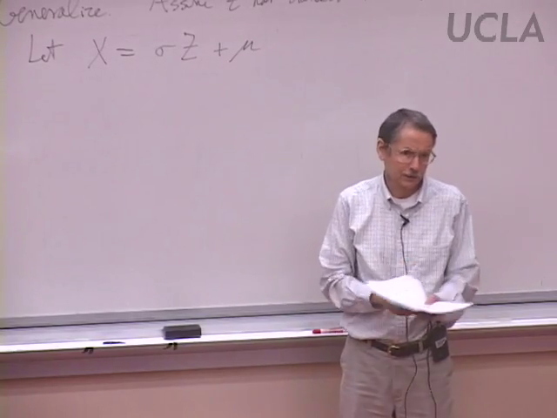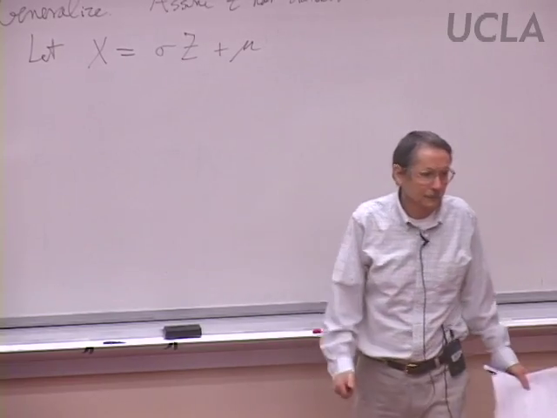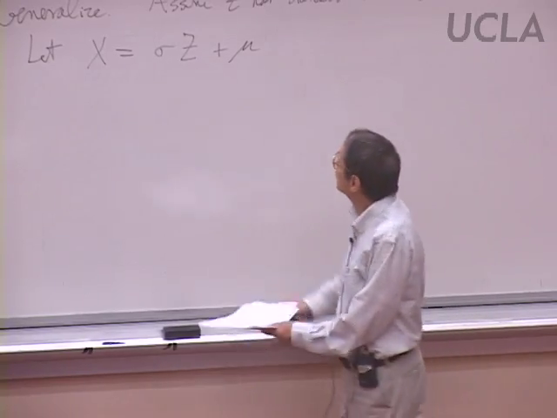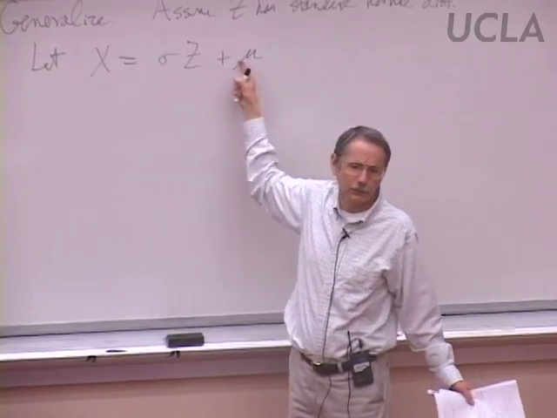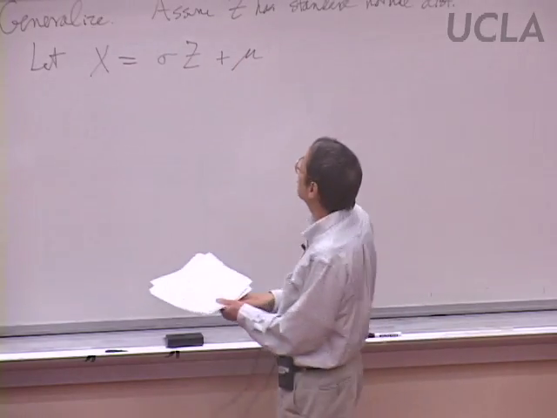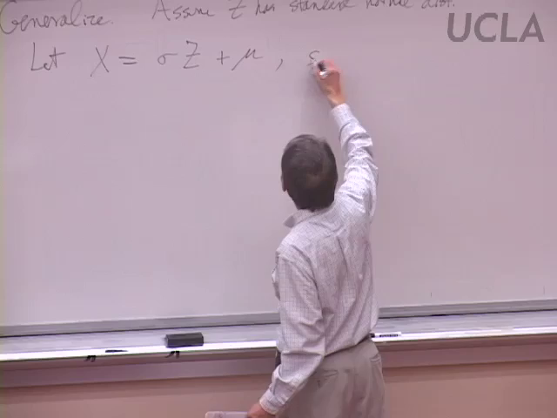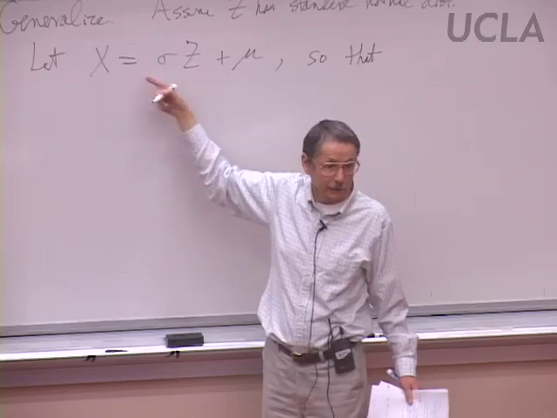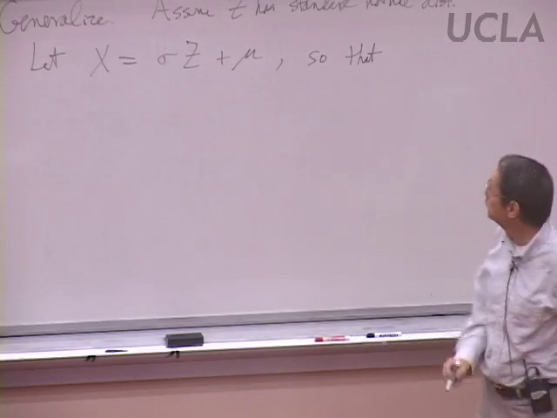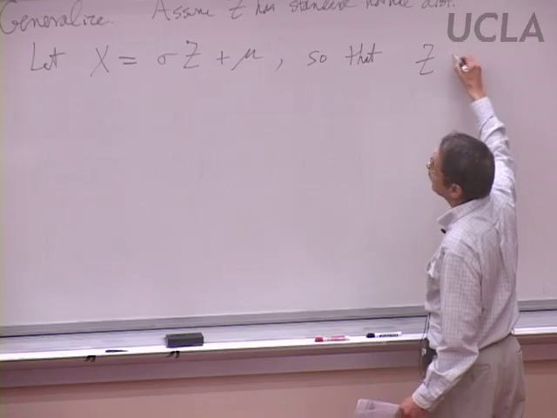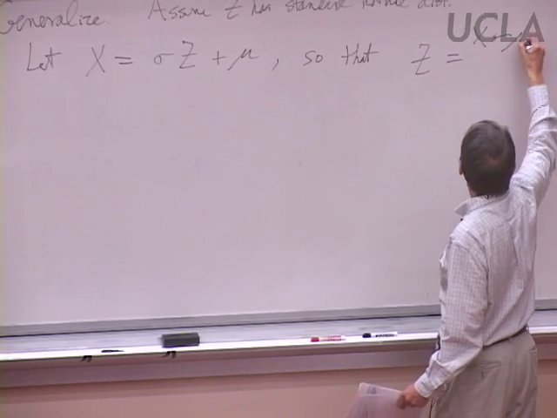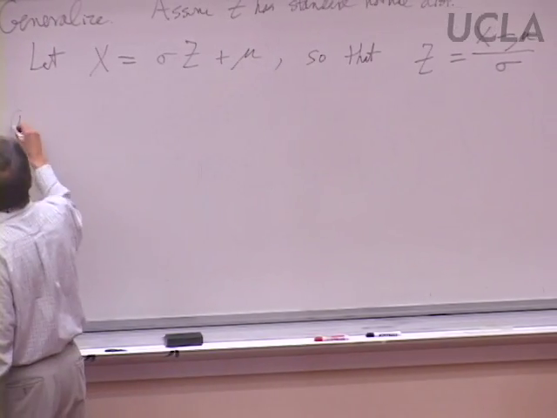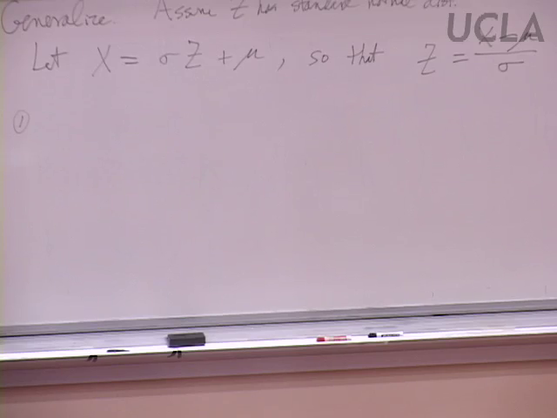The reason I chose those letters is probably already obvious. So before we used 2 and 3, but what if we generalize? This equation is equivalent to the equation we get if we solve for Z: Z would be x minus mu over sigma. Then some things we can say about x.